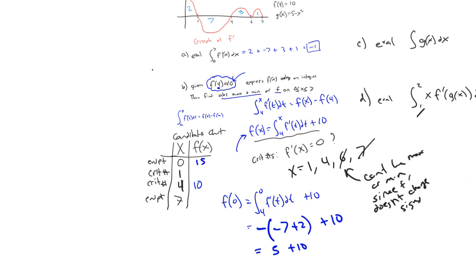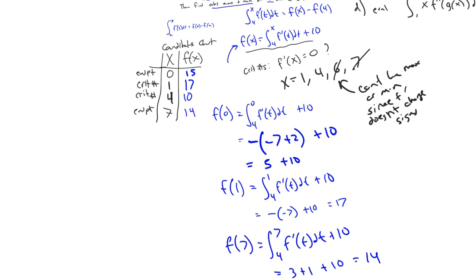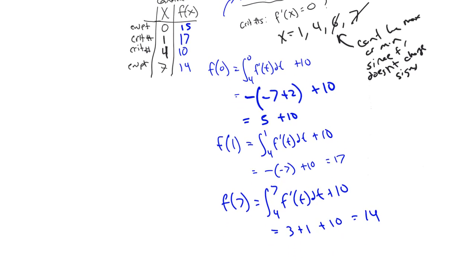So I'm going to skip through and get these next two answers quickly. You do those next two the same way we just did f of 0, and you find out that f of 1 is 17, and f of 7 is 14. And from here we can state our answer.